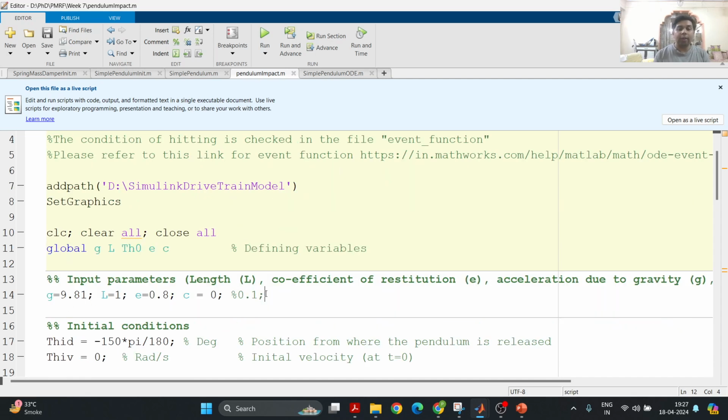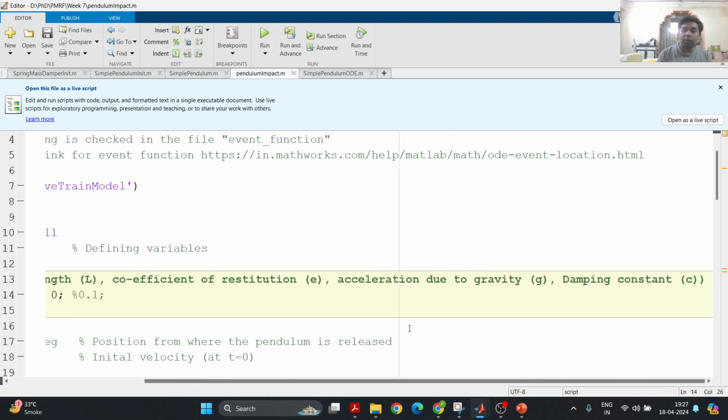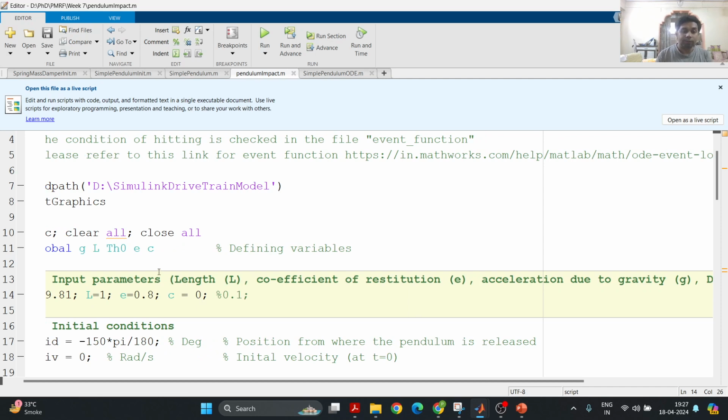So here we consider the coefficient of restitution E as 0.8 and we assume that there is no damping present in the system. We can introduce damping in the system by tweaking this parameter C, which is basically the viscous damping constant.